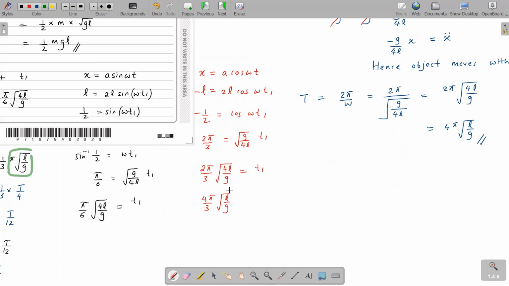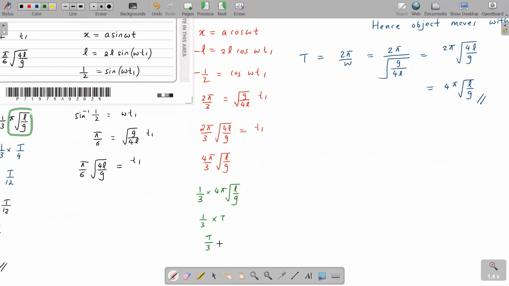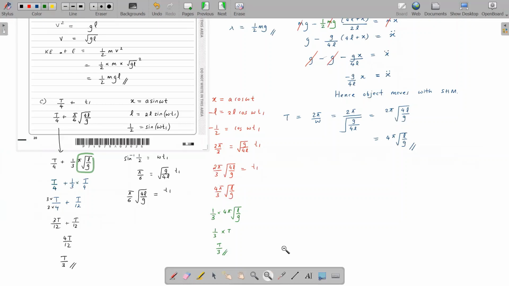Then, as I just told you, we directly have 4 pi root L over g, right? So if I separate 1 over 3 times 4 pi root L over g, and 4 pi root L over g is capital T, you get 1 over 3 into T, T over 3. So it's a lesser amount of working. Can you see? So this is the answer.